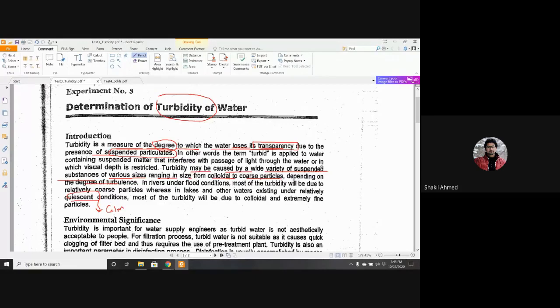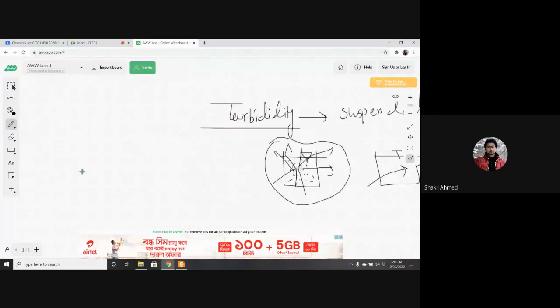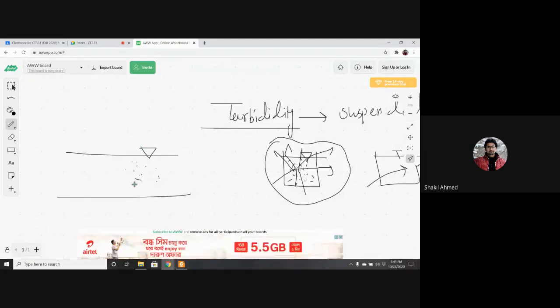So what they are telling here is this. You know, if this is a calm lake and it has turbidity, right? Now, if the water is not flowing, that means it's calm water or flowing at a very slow speed, then this suspended matter, due to their gravity, they will slowly settle down here, right?